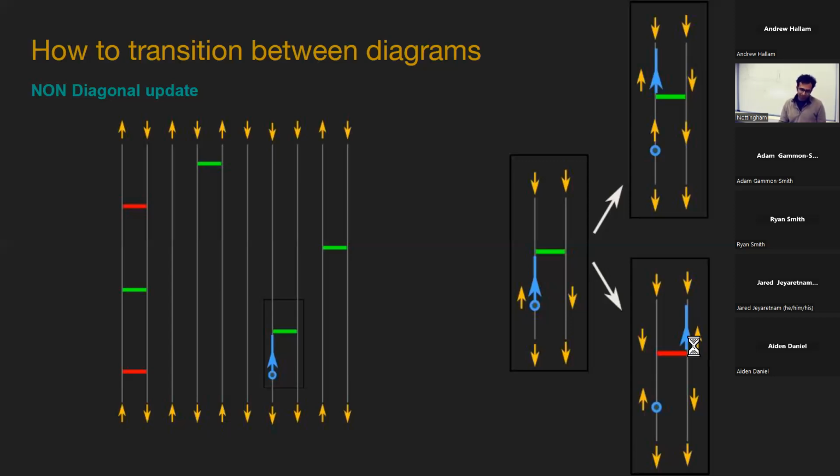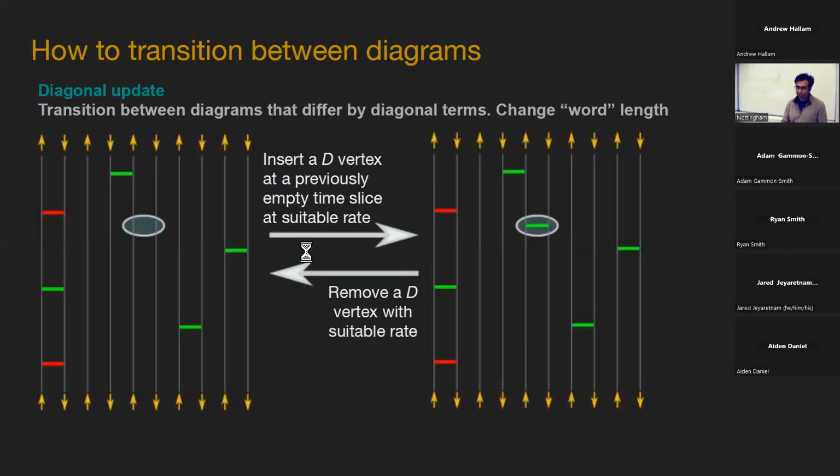And you can think of the reverse process, and in order to implement it, you need to reject certain dimer updates, but those are details. This move allows you to change diagonal vertices to non-diagonal vertices, and the previous step allows you to change from identity vertices to diagonal vertices.